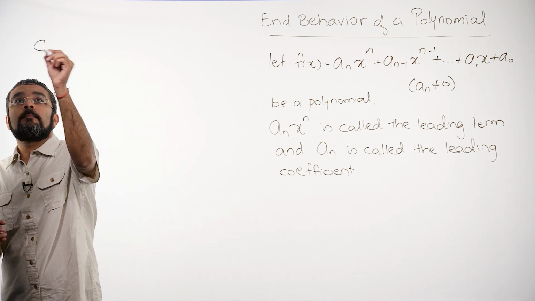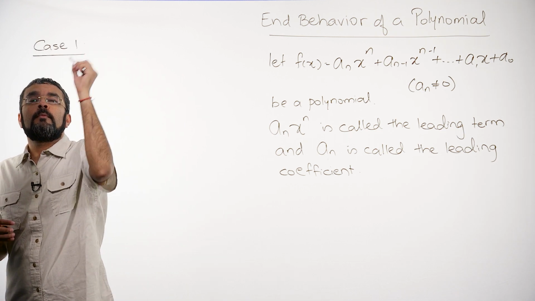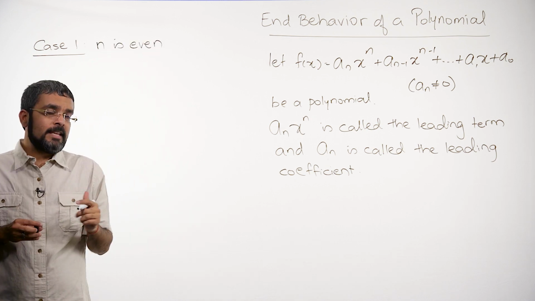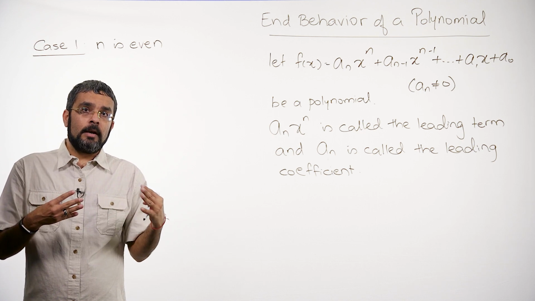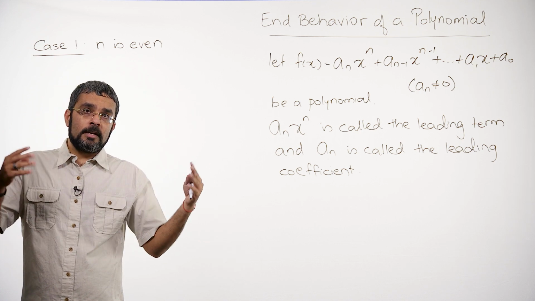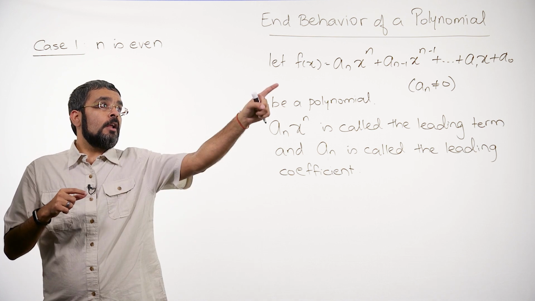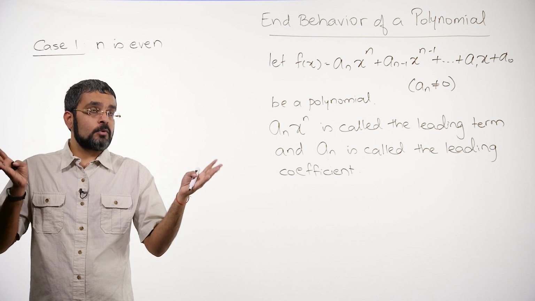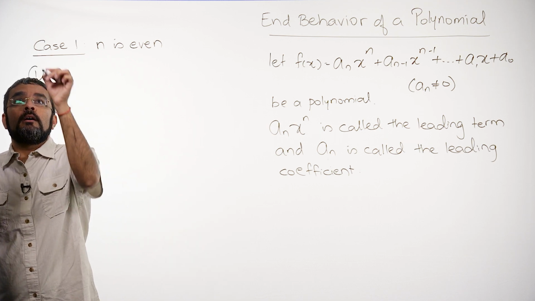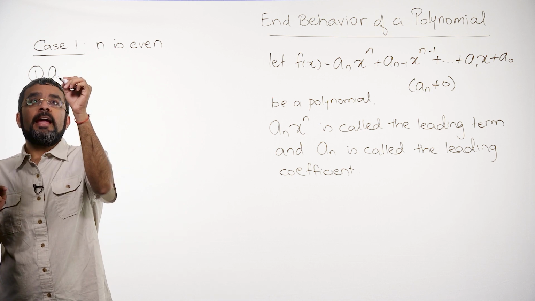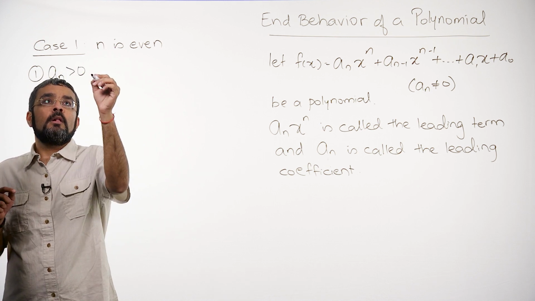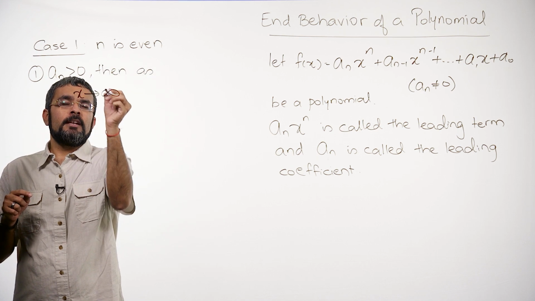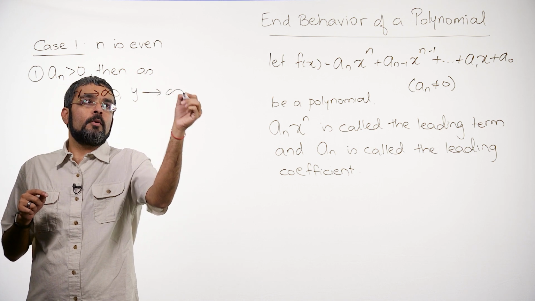So let's look at it. Case 1: n is even. If n is even, you can think about this function in terms of x squared. As I make my x values really big, this polynomial function for an even n would behave exactly like x squared. Now part 1: if a_n was greater than 0, then as x approached infinity, y would also approach infinity.